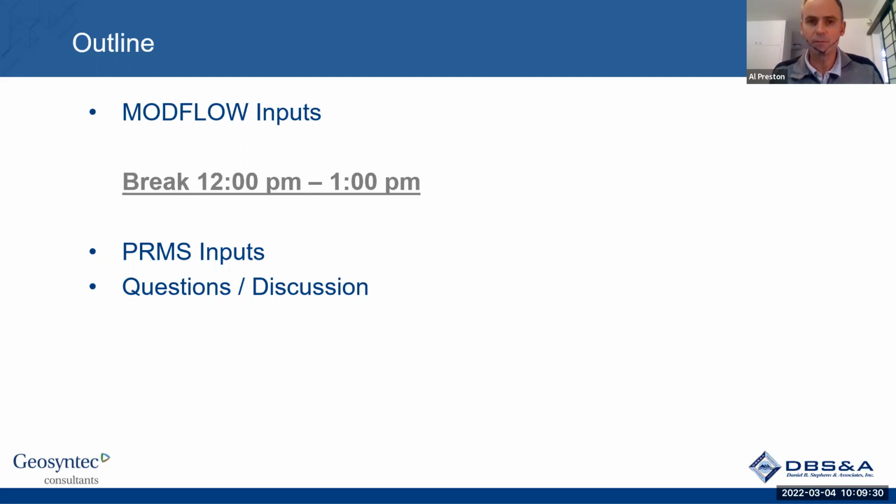So the MODFLOW portion of the model would include things like conductivities, storativities, all kinds of things. And we've got some files and executables to try and make that easier for you. And then we're going to take a break. And then in the afternoon, Jay is going to run through similar things with the PRMS inputs, how to change the PRMS inputs. And as always, we've got questions and discussion at the end, but I think it's best if they are brought up in real time.